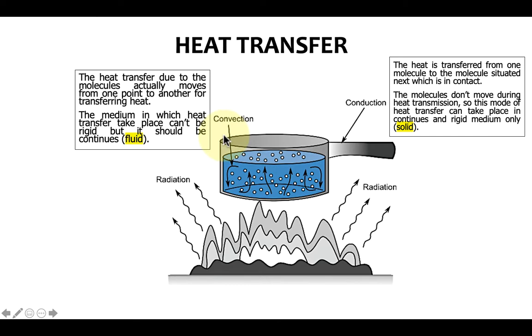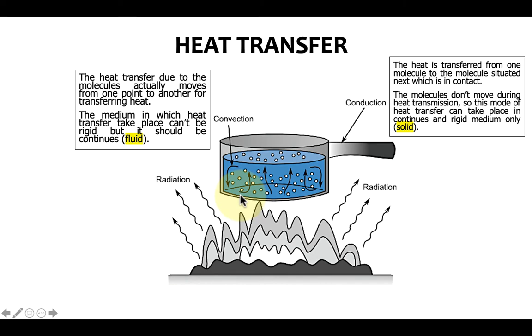Second is transfer of heat by thermal convection mode. The heat is transferred due to the molecules that actually move from one point to another point for transferring of heat, like the molecules in this water. The water molecules at the bottom area of this pan will experience heat energy first when being heated.